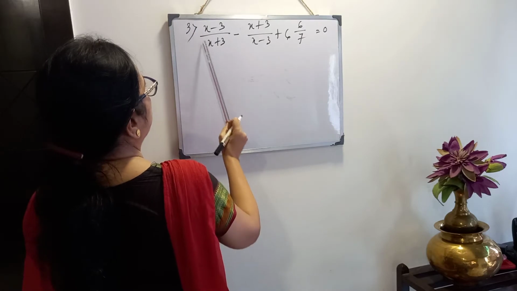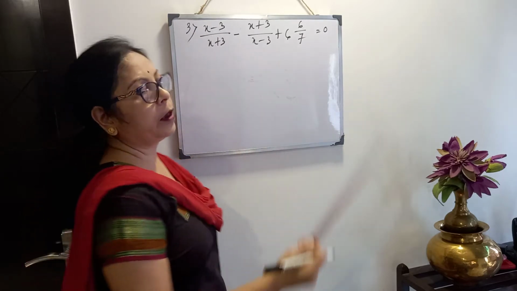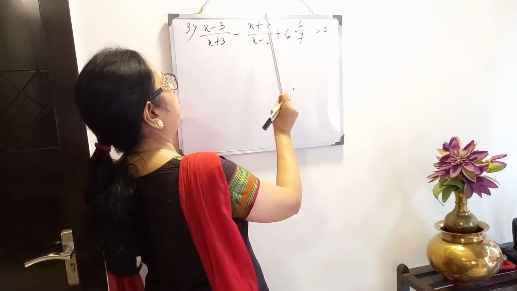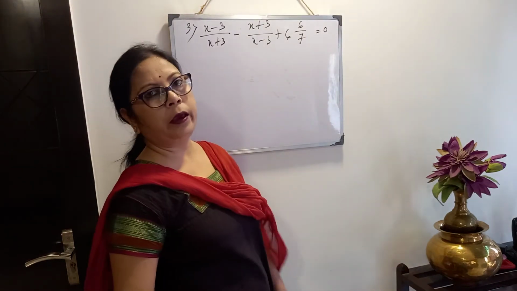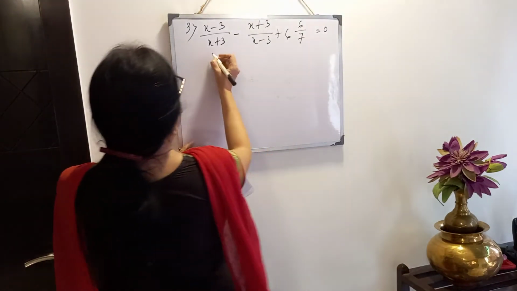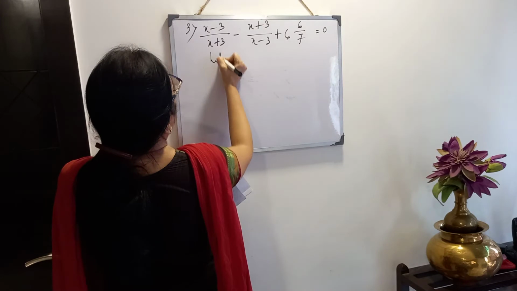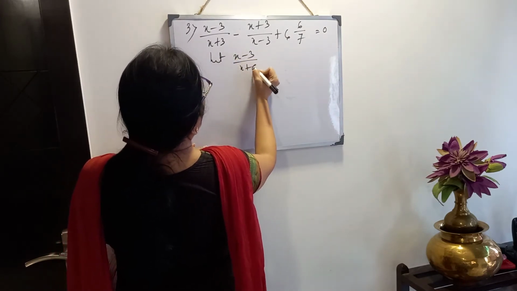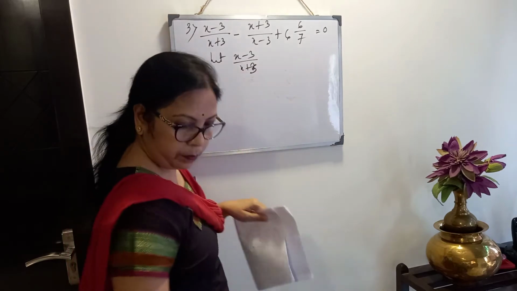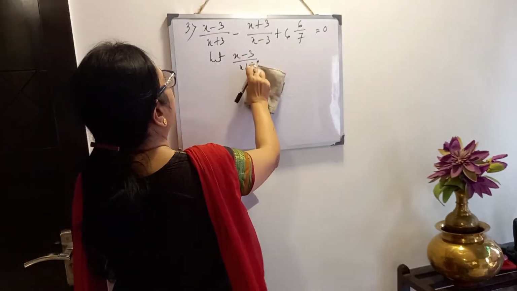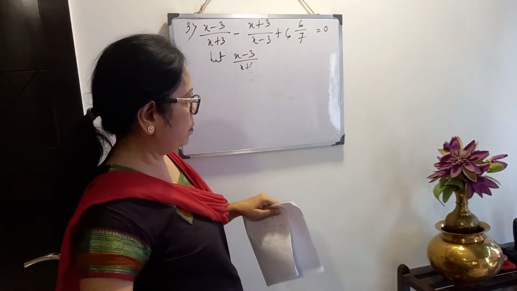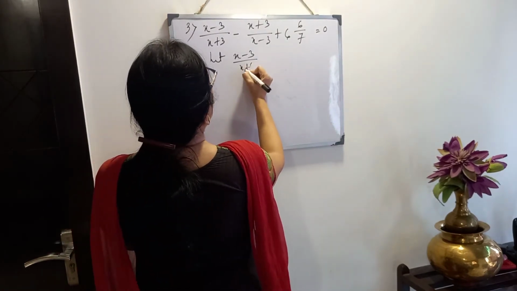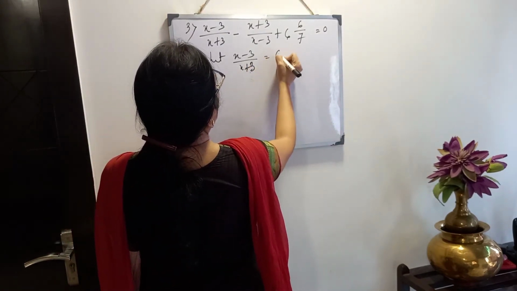So if we consider let this equal to p or a or any other variable, then it will become 1 by a or 1 by p. Let x minus 3 by x plus 3 equals to a.